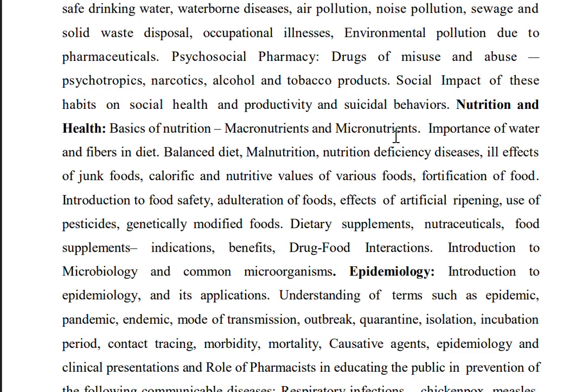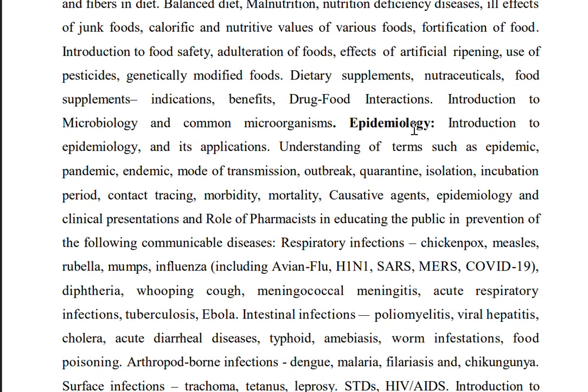And micronutrients for health development. Epidemiology: introduction to epidemiology and its applications. And causative agents of disease. And the role of pharmacists in educating the public for the prevention of communicable diseases such as respiratory infections, like avian flu, H1N1, SARS, MERS, COVID-19.